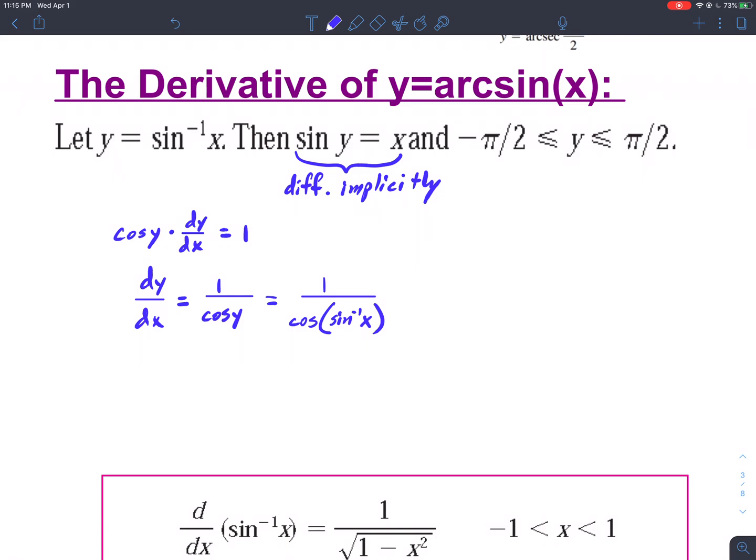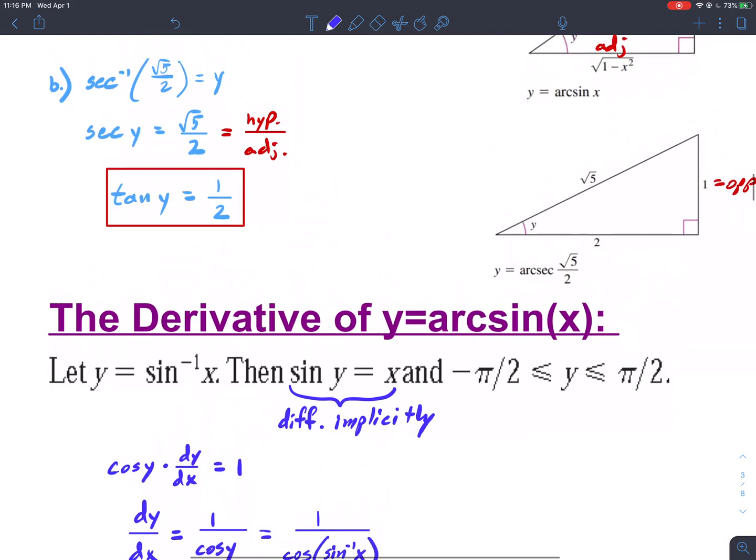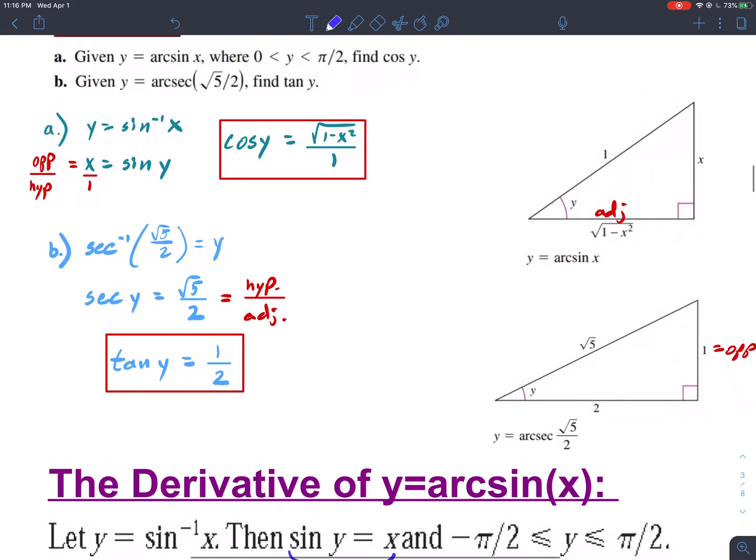There are a number of ways you could do this, but we actually just said in the previous problem, if I scroll up a hair, that if y equals inverse sine, then cosine of y is square root 1 minus x squared, right?